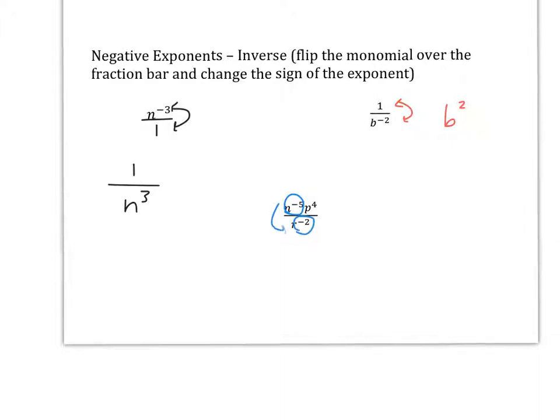I will flip both of them because they're both negative. So when I flip them across the fraction bar, that's their inverse, which makes them positive. So I get p to the 4th r squared all over n to the 5th. So again, by flipping them, I get the positive value of that exponent, which is what I am looking for.